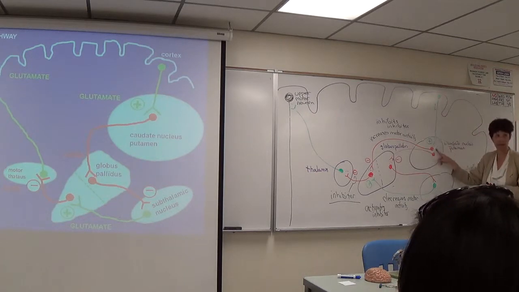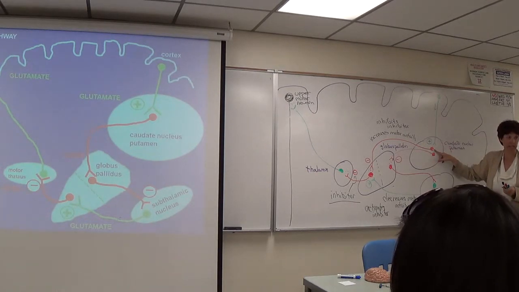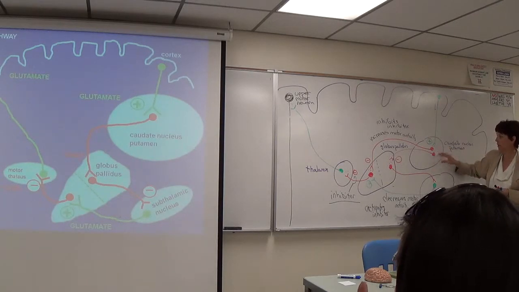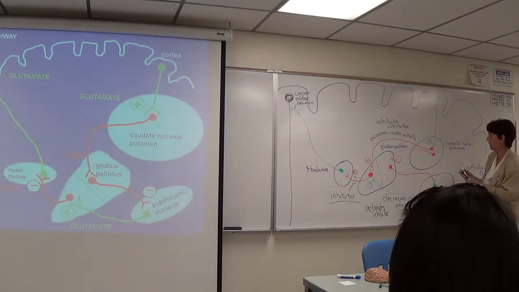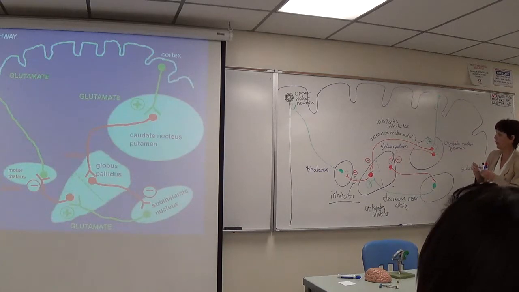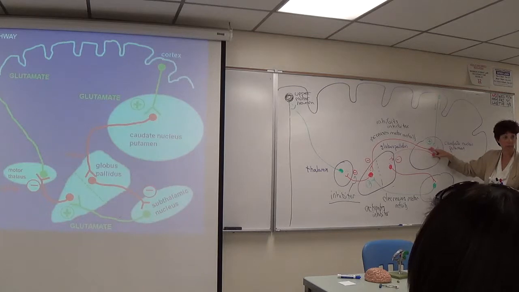This cell fires. It opens sodium channels in this cell. Okay? And this cell, it does the same thing for this one too. So both of these are going to be more likely because they're going to become more positive. Therefore, sodium channels are going to be open.